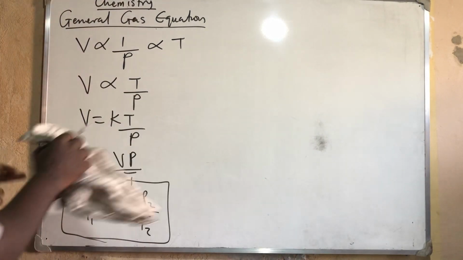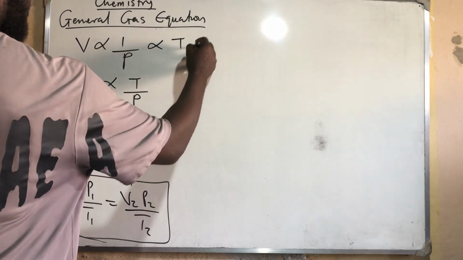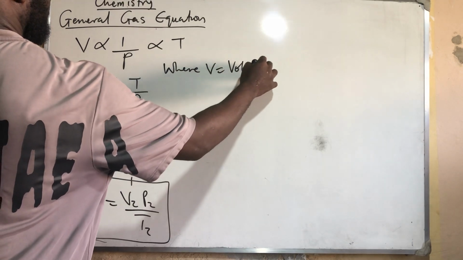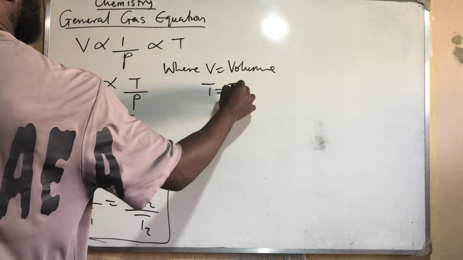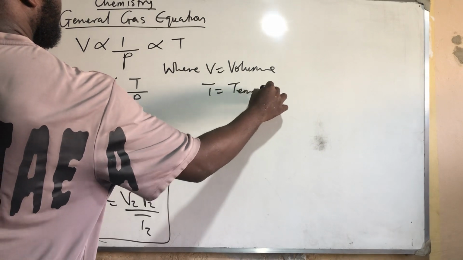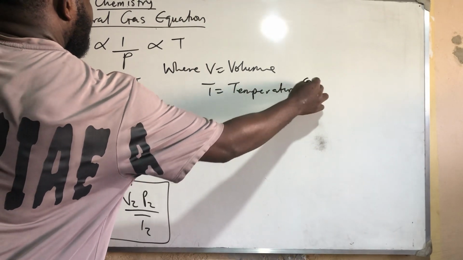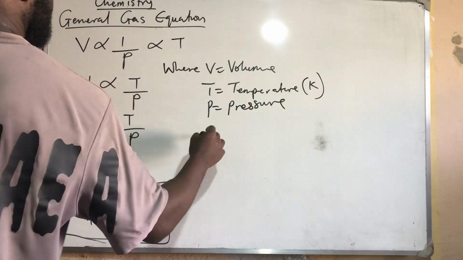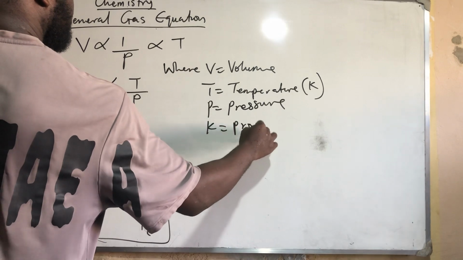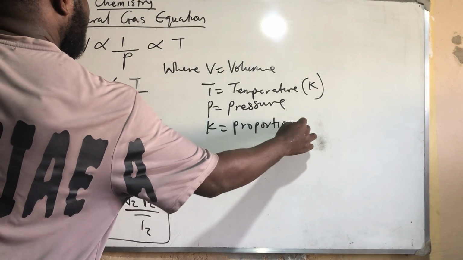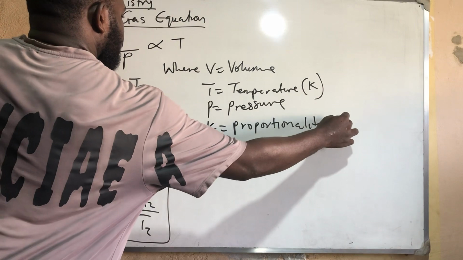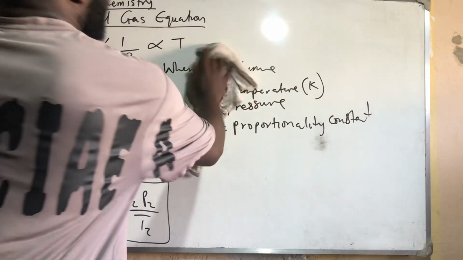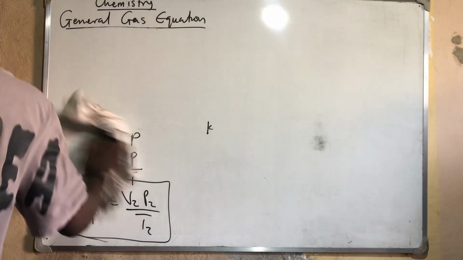Don't forget that V is equal to volume, T is equal to temperature in Kelvin, P is pressure, and K is the proportionality constant. Don't forget this formula as we solve calculations.